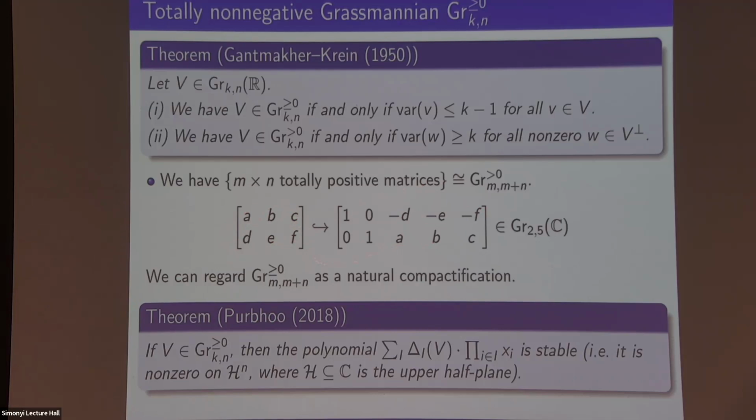I also want to mention this curious result of my collaborator Kevin Purbhoo, which says that if we have a totally non-negative element of the Grassmannian, its generating function, the sum over all subsets I of the Plücker coordinate delta sub I times the product over all variables x sub i for little i in my subset, is a stable polynomial. So it's non-zero when all these x_i's live in the upper half plane of the complex plane.